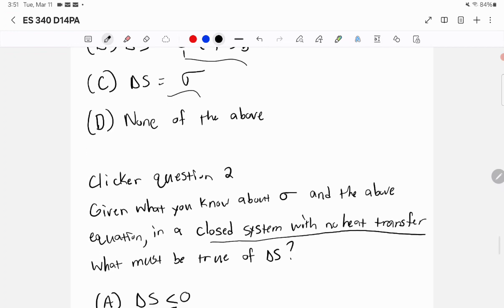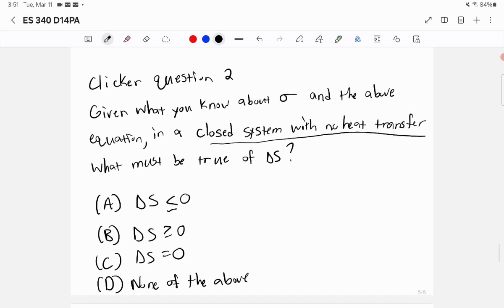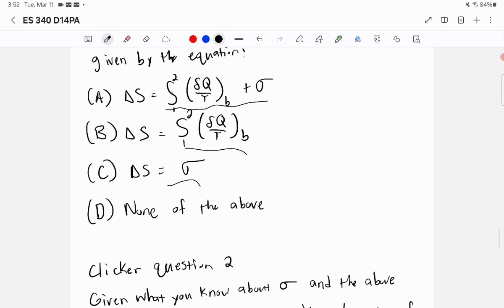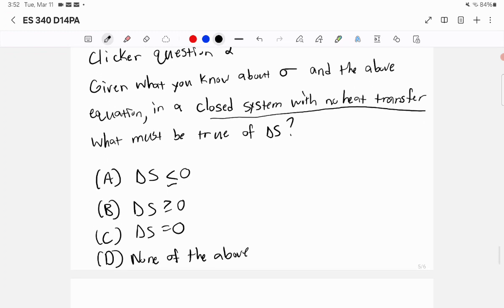Okay, and the next one, clicker question 2, given what you know about sigma, which is the entropy production term, and the above equation, in a closed system with no heat transfer, what must be true of delta S?